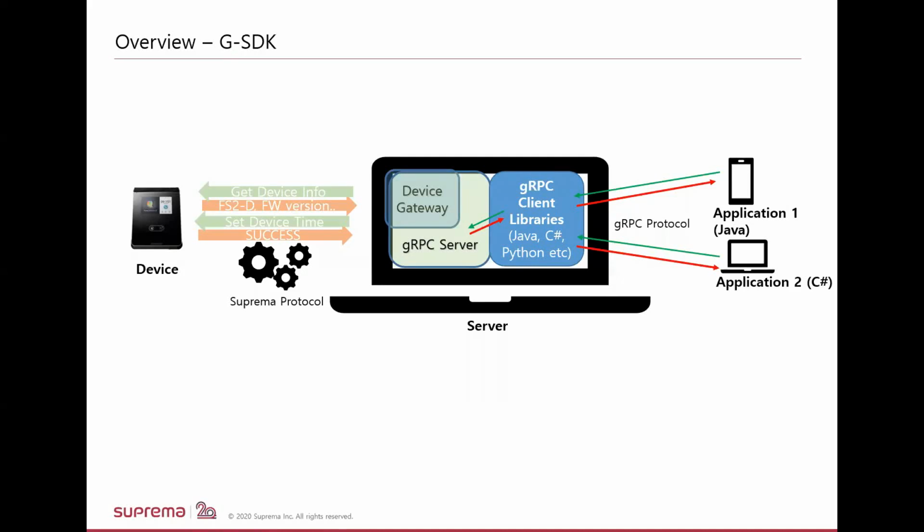The concept is a little bit difficult, but in conclusion, you only need to remember two things. One, in GSDK, the device gateway is the one that communicates directly with the device. And second, GSDK can support many client languages, such as Java, Python, or even Go language, by operating on the gRPC server.